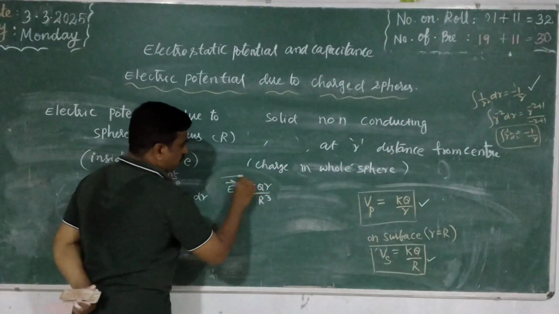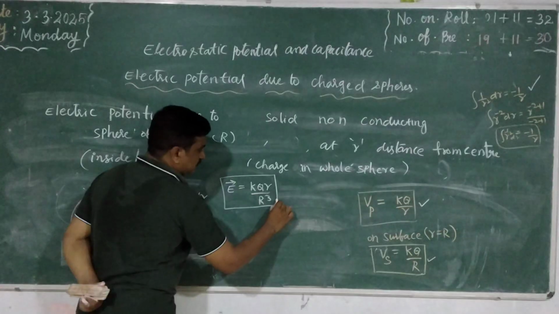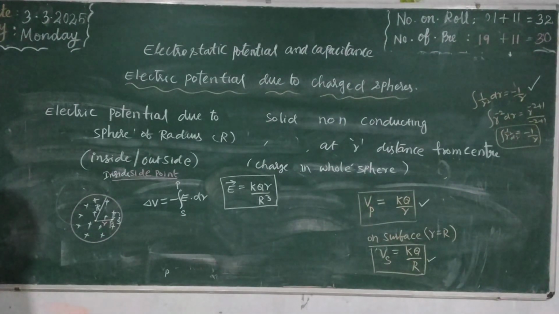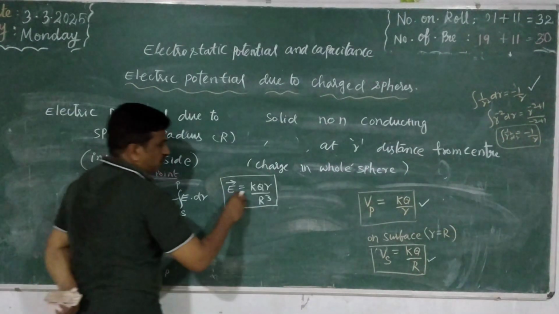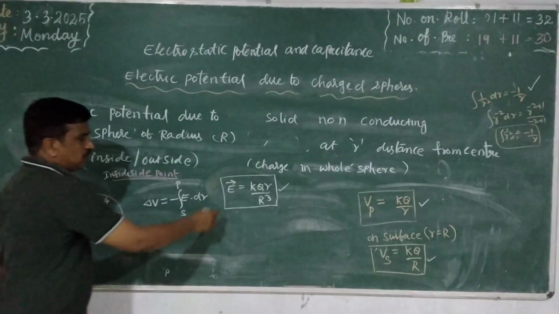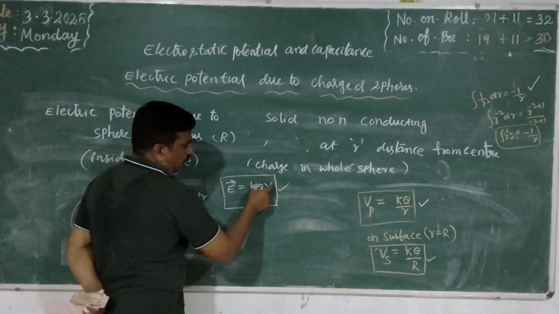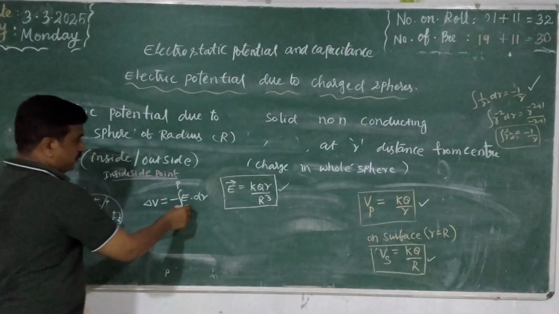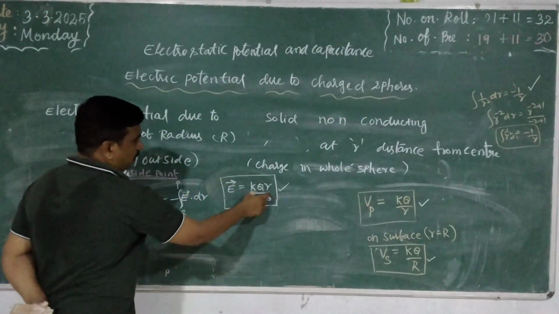It is the formula for electric field inside a solid non-conducting sphere. We discussed it in the previous lesson, electric charges and electric field. There we discussed it briefly, that value we can use here. Instead of E we write this value.